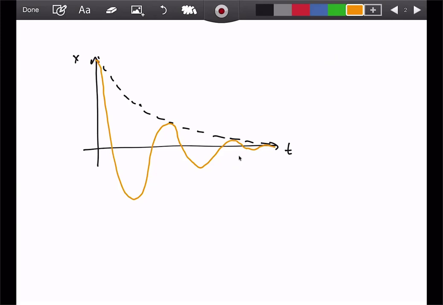In this case, we showed that our amplitude is getting smaller over time. As time increases, our amplitude gets smaller, so that the height difference between here and here is an e to the beta tau, where tau is our period, and this is what's known as the decrement.